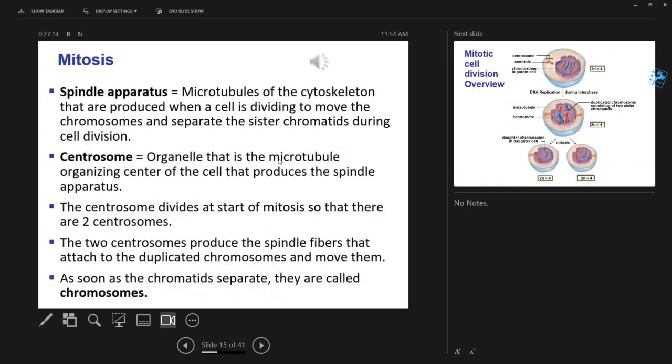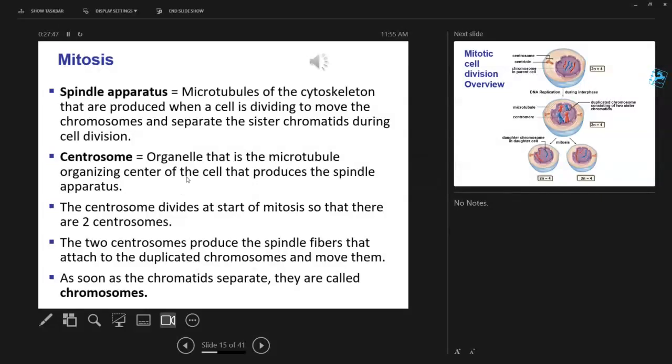Okay, so there was a mention in the cell chapter about centrosomes. These are part of the cytoskeleton, and they only function when a cell is dividing. They make these protein filaments that attach to the chromosomes and move them into the daughter cells. That's called the spindle apparatus, these protein filaments that move the chromosomes around during cell division.